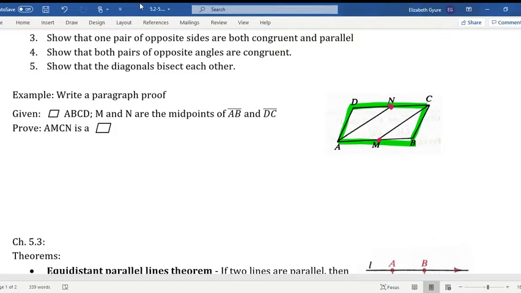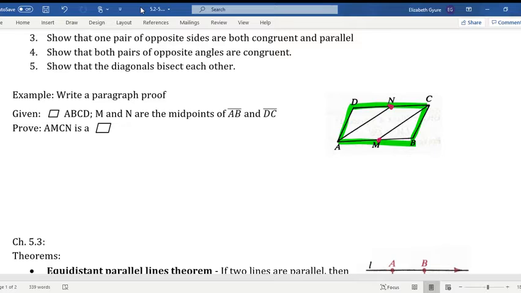What are some things we can say if we know that ABCD is a parallelogram and M and N are midpoints? Matt. AM is congruent to CN. How are we going to be able to say that? Mm-hmm. Where AM is half of AB, CN is half of CD.